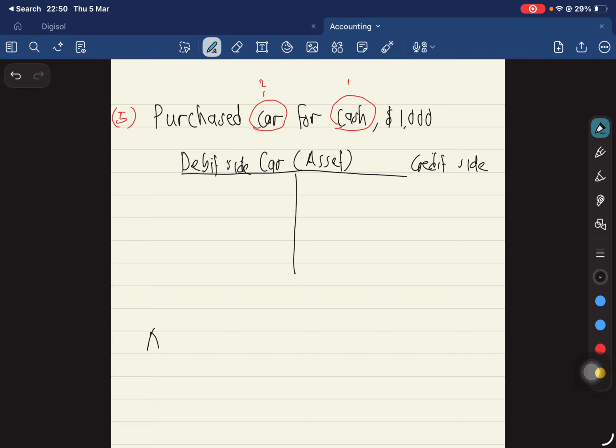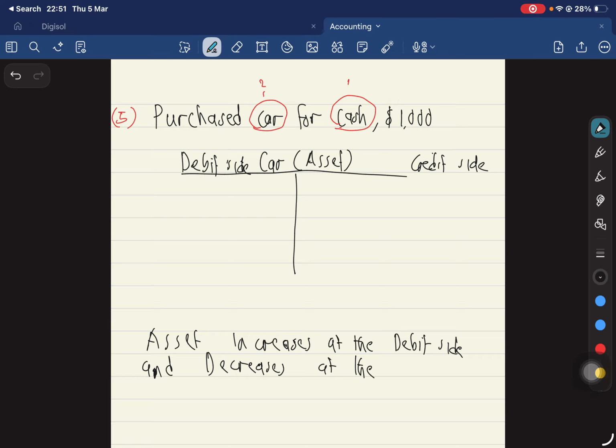We said assets increase at the debit side and decrease at the credit side.